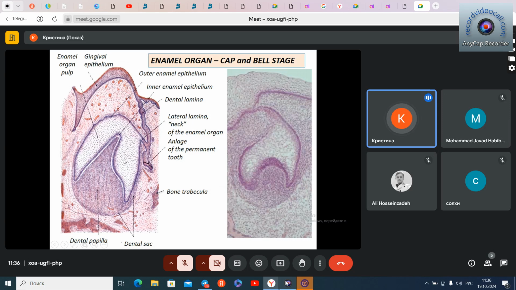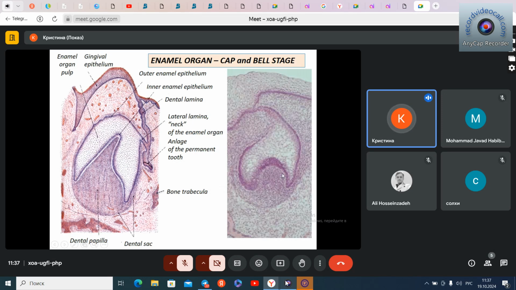Here we see the enamel organ at the cap stage and on the bell stage. On the bell stage, which comes after the cap stage, the enamel organ loses its connection to the oral epithelium and the cytodifferentiation starts. Cytodifferentiation of the inner enamel epithelium means that these cells change into pre-ameloblasts and then ameloblasts.